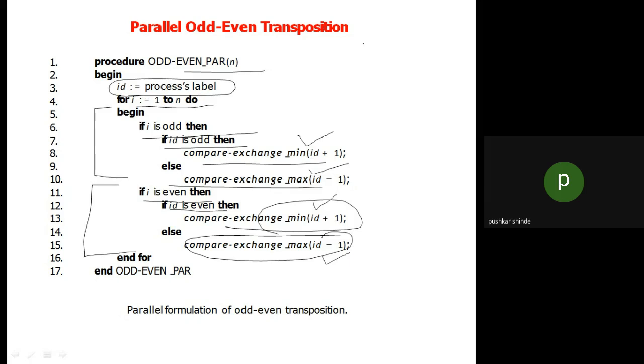This is how it will work on a parallel platform. Each processor will handle one number, so there are n numbers and n processors, and consecutive processors will do the compare and exchange operation. Minimum will be with the left processor, maximum will be with the right processor.